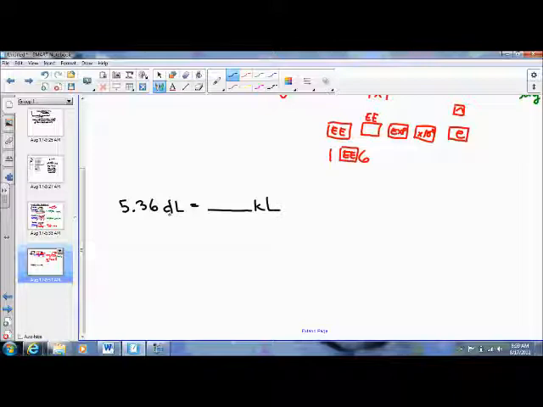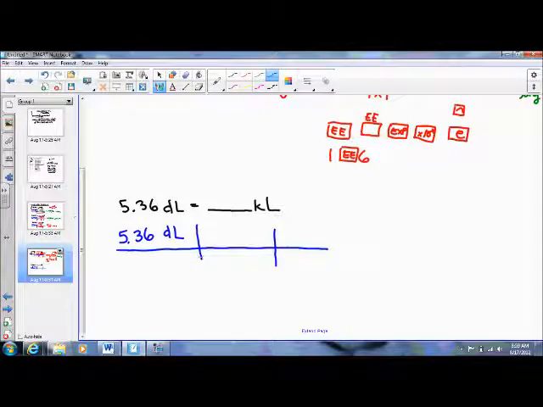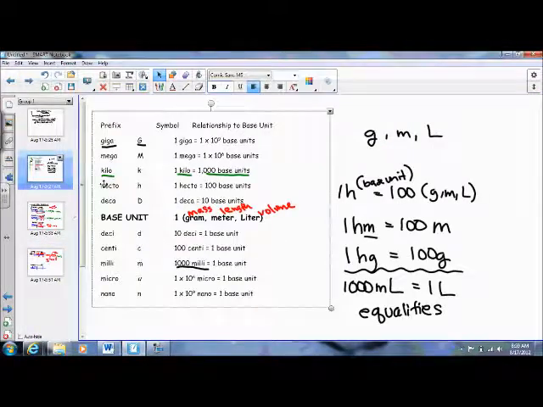There's a deci, D for deci, and kilo. Rewrite the number and the unit. 2 prefixes, 2 boxes. I need deci here, I need kilo here. Go to my reference sheet: deci, little d, 10 deci, 1 base unit. The base unit is liter, so 10 deci, 1 liter.